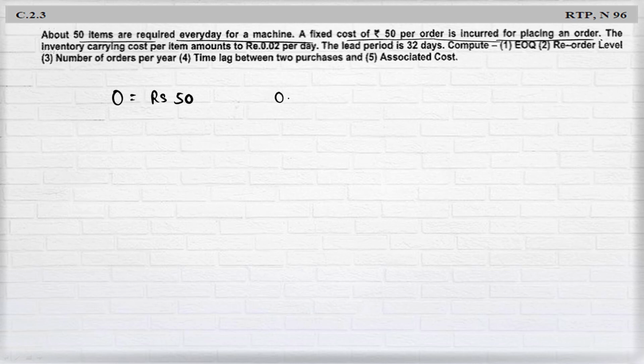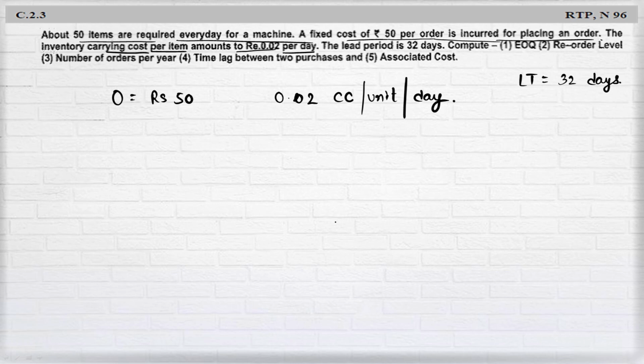Can I write down 0.02 is carrying cost per unit per day? They have specifically written it is carrying cost per item, means per unit, rupees 0.02 per day. The lead period is 32 days. What is lead time? 32 days.